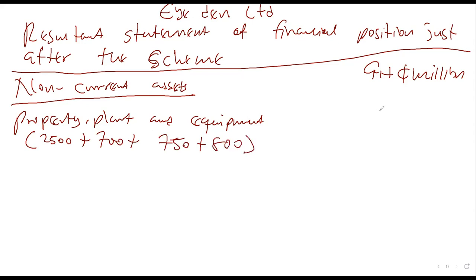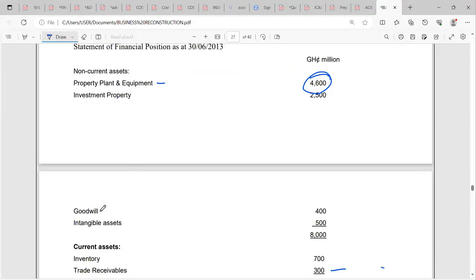Close it. I'm getting 4,750. When they move, you move. When they stop, you stop. Continue the journey. Follow their format. From there, they went to Goodwill. Goodwill is written off. It's gone.